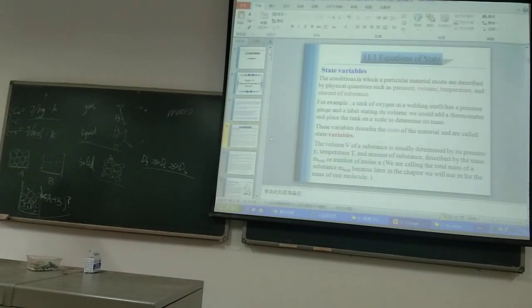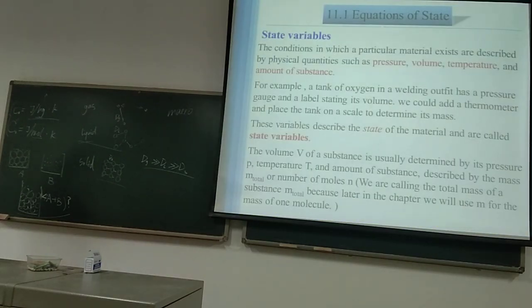Then we're going to learn the first one, some variables for gas, because that is the easiest way to learn the heat energy inside it. The conditions in which a particular material exists are described by physical quantities such as the pressure, the volume, the temperature, and the amount of substance.